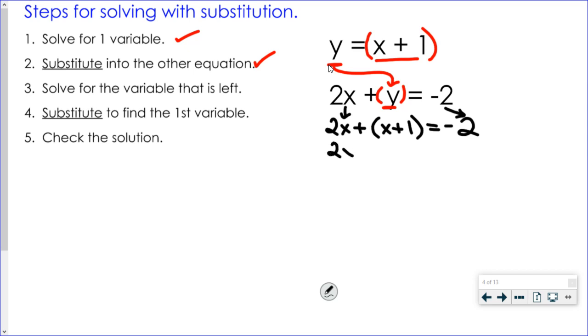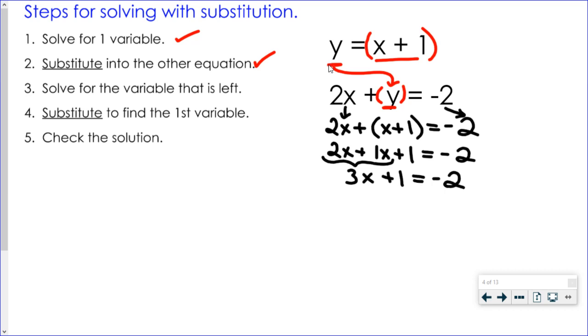So if I have 2x plus x plus 1 equals -2, I'm going to combine my like terms, and now I'm just getting x equaling a number. 3x plus 1 equals -2, minus 1 from both sides, showing all my wonderful work. 3x equals -3.